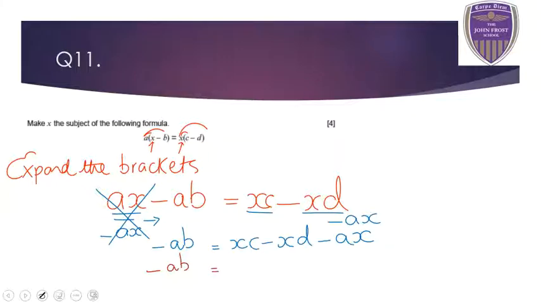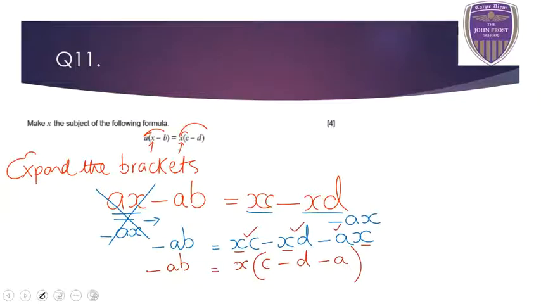You've got to factorize because there's an x in each term. Take x out and you have c minus d minus a. Again, you can check by multiplying: x times c is xc, x times d, yeah, you can check by multiplying.